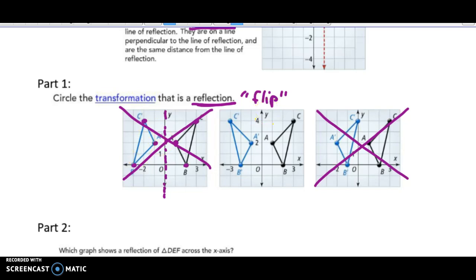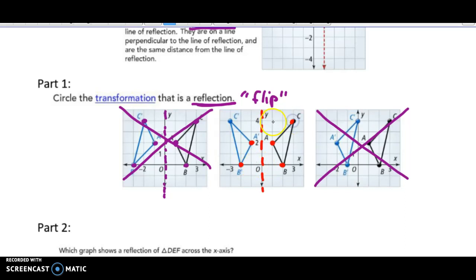However, my y-axis does demonstrate a great line of reflection in the second example. Point A is here, and A prime is found 1 unit away, reflected across the axis. Point B is 2 units from the line of reflection, and B prime is 2 units to the left.